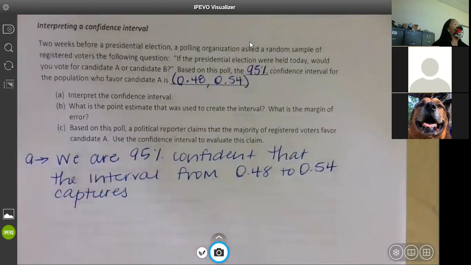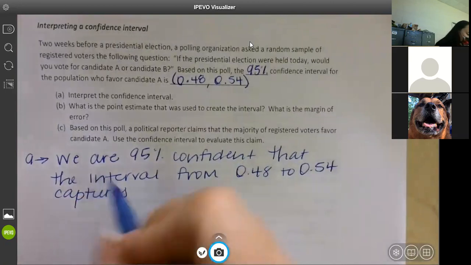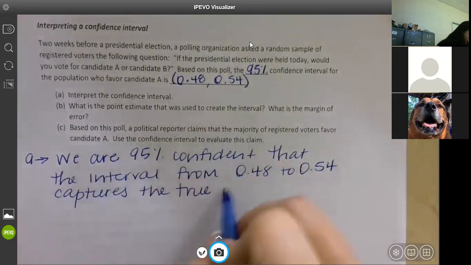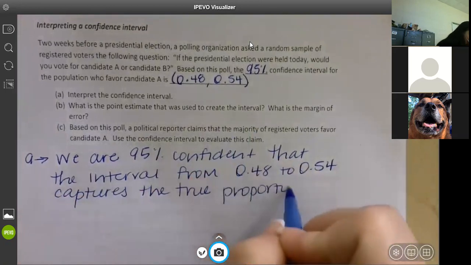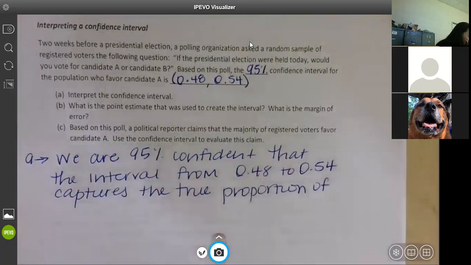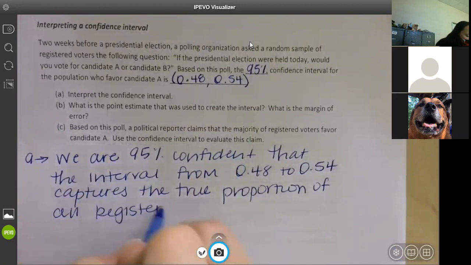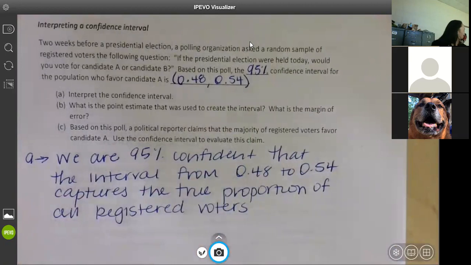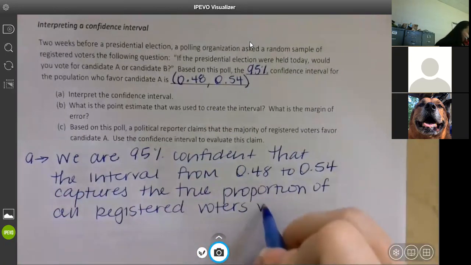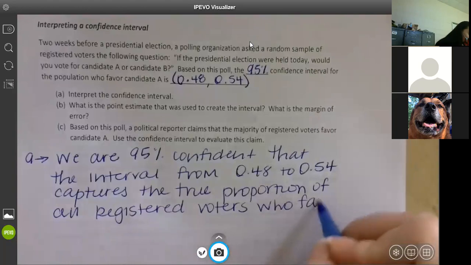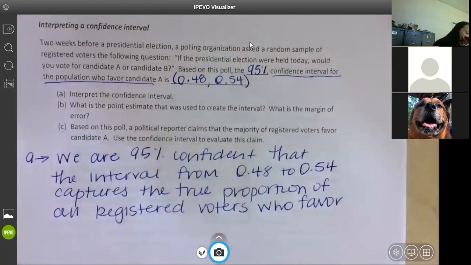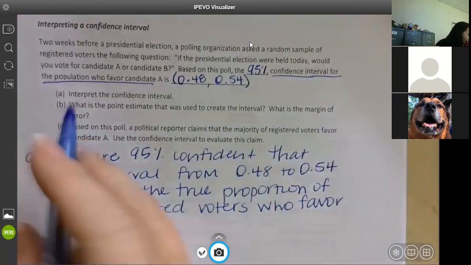These are percentages, 48% and 54%. So it's the true proportion of all registered voters. Why is it all? Remember, we're talking about the population, so it's got to be all. It says right here, it's the confidence interval for the population who favor candidate A.